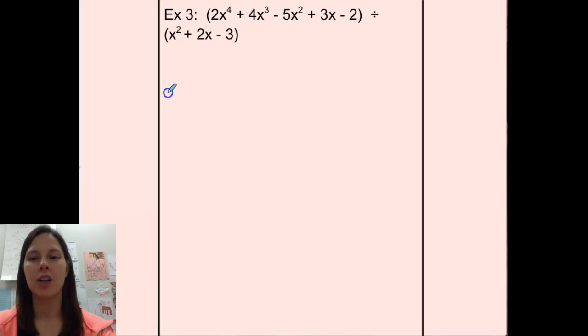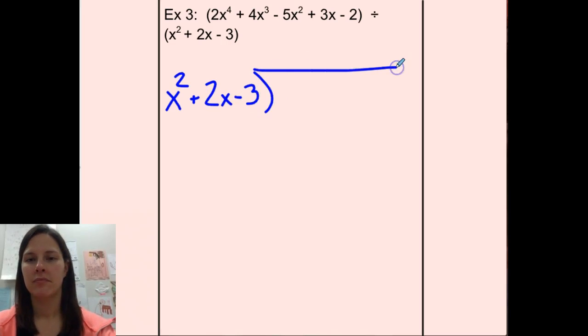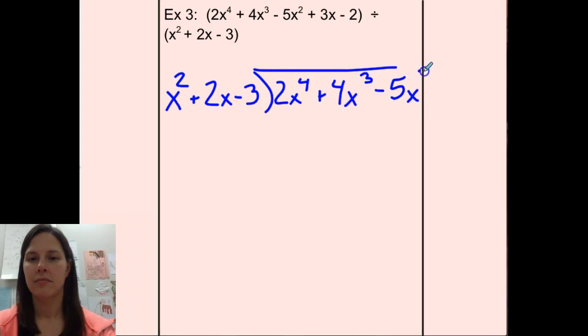One more example of long division. This one's a little bit more complicated. We're dividing by a trinomial. Same process, x squared times 2x squared gives us the 2x to the 4th.